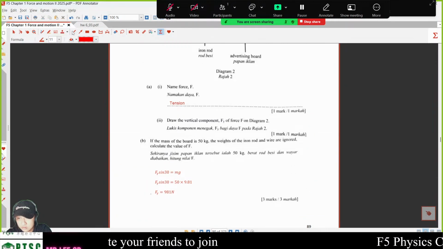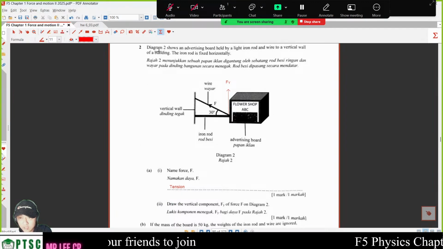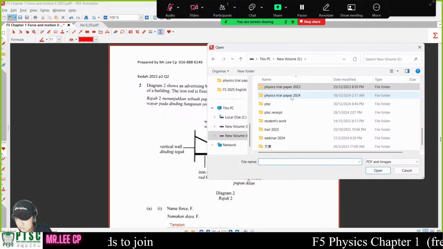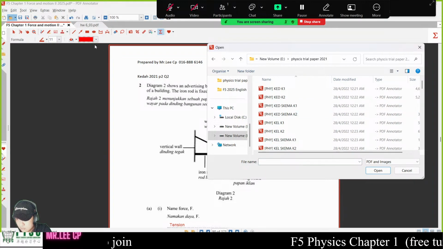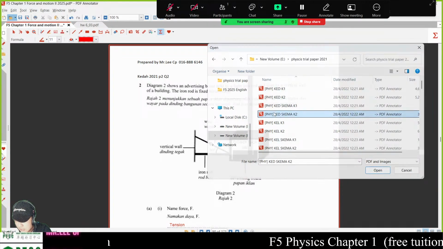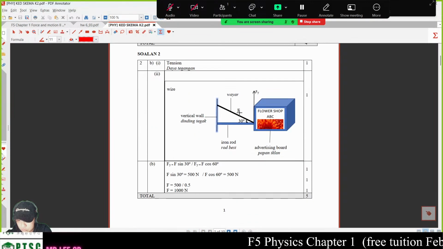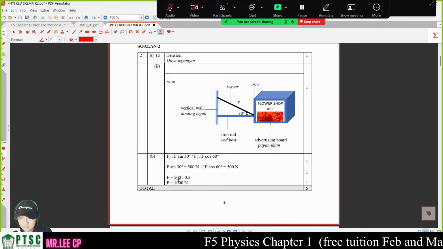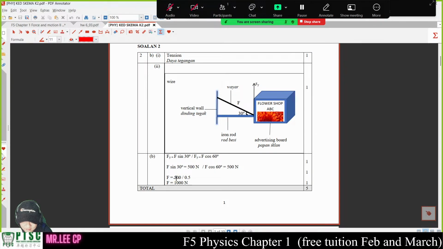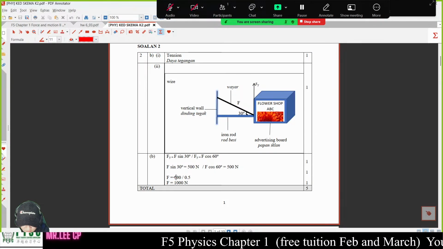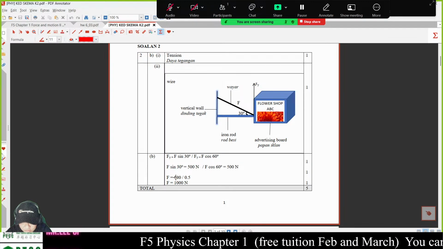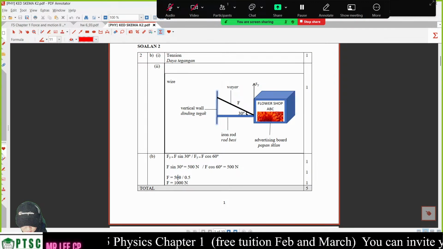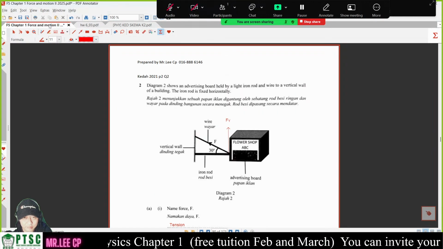So easy like that. I go and check the answer, 2021 Kedah, question number 2. Oh, okay. They are using the weight 500, 50 times 10, so previously they are not using 9.81, they are using g as 10.